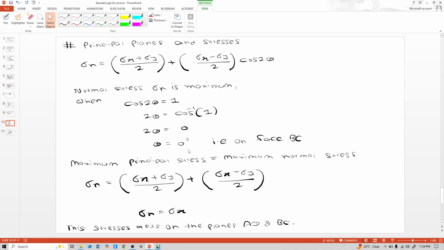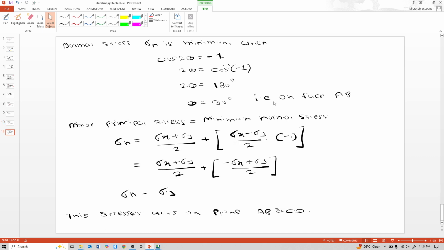When theta is equal to 0 degree, on face BC the maximum normal stress develops, that means this BC plane is the maximum principal plane, and sigma n is equal to sigma x, and the stresses act on the planes AD and BC.